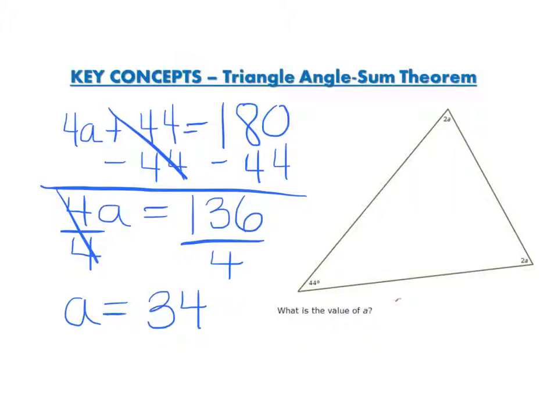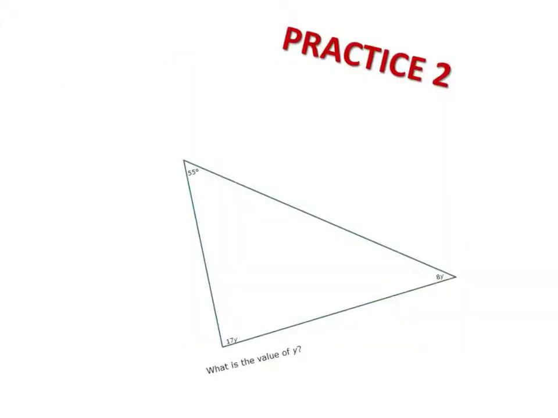So the value of A is 34, and if you add up all those angle measurements, it will equal 180. Here's practice problem 2. You are to find the value of Y. You have 17Y plus 8Y plus 55, and that equals 180.